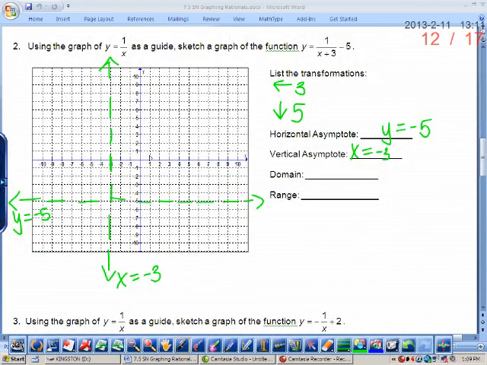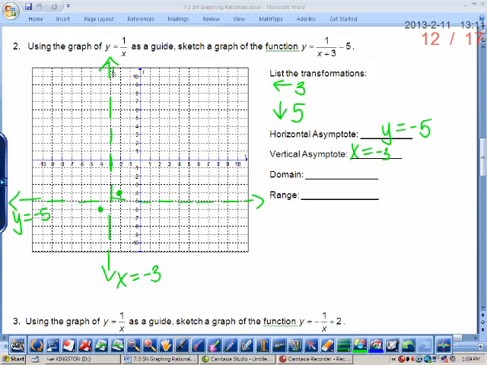1, 1, we go left 3, down 5. So it puts us at -2, 4. -1, -1, we go left 3, down 5. -4, -6, okay?